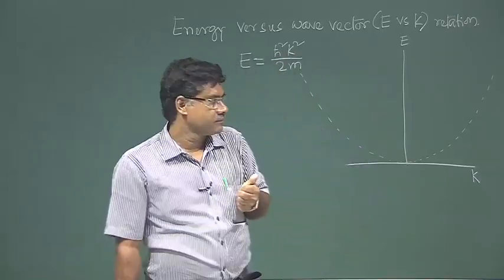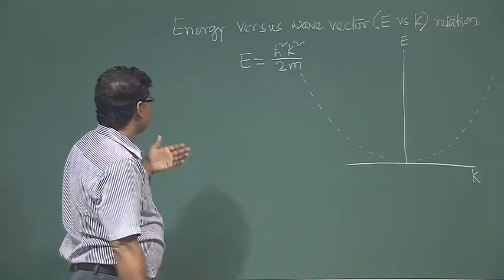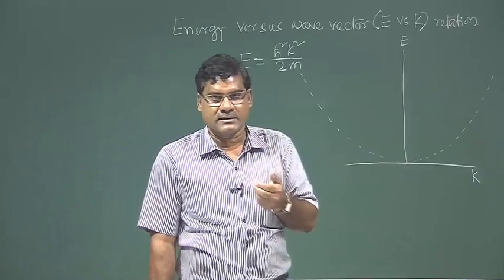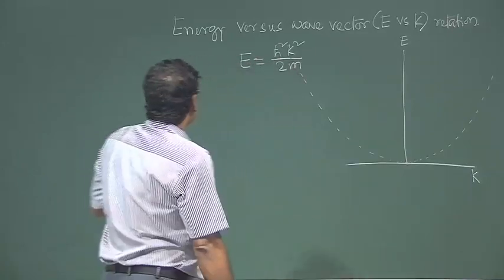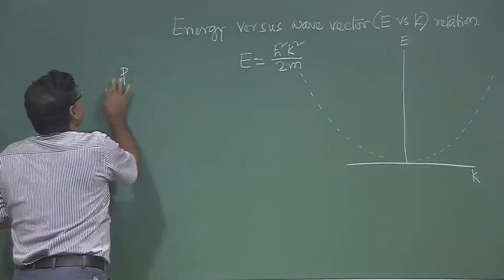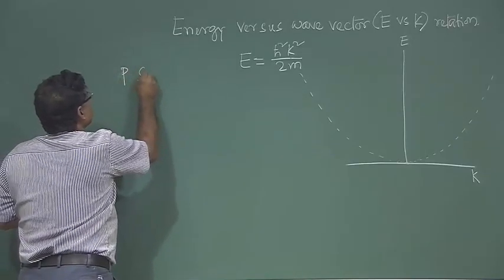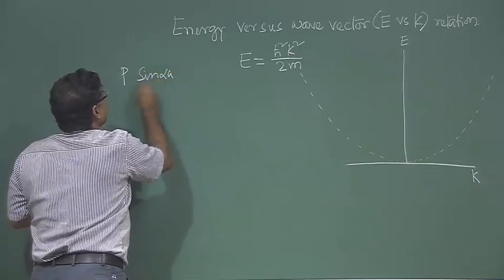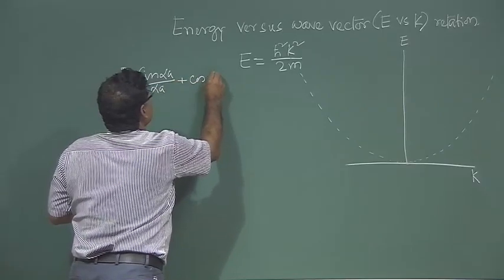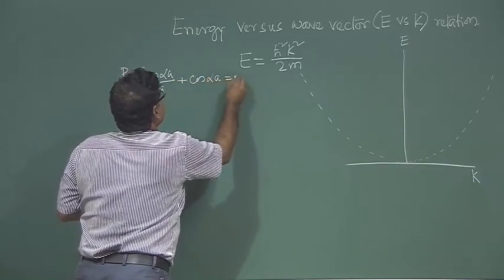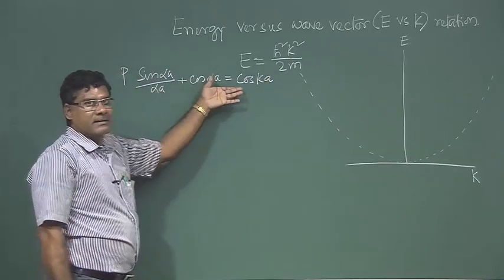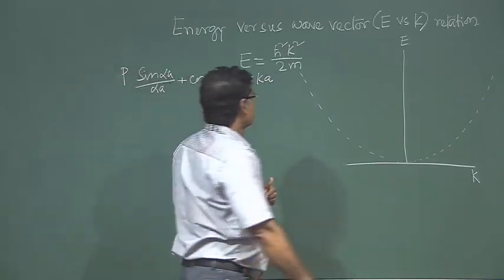periodic potential, or when electron is in a lattice, then the relation is P sin alpha a by alpha a plus cos alpha a equal to cos Ka. So, that relation has to be followed.